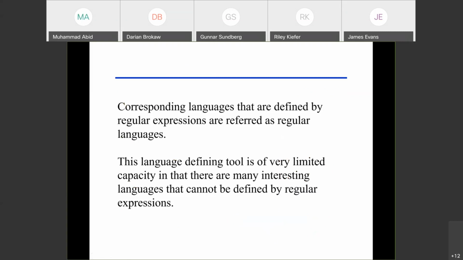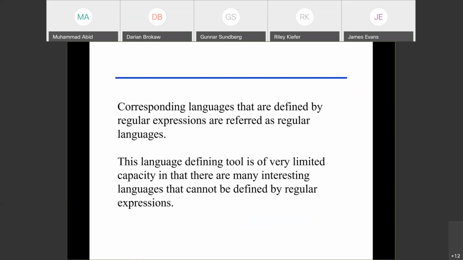There are regular languages, non-regular languages, context-free languages, context-sensitive languages, formal languages. So which language are we talking about? Regular expressions always represent, refer to, define regular languages.